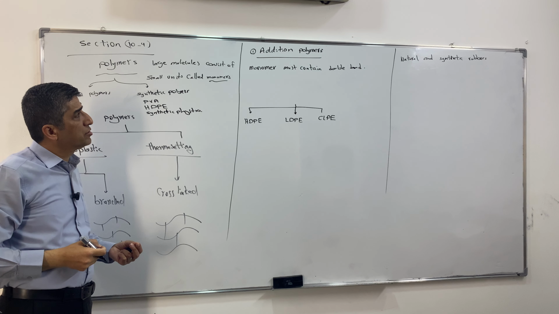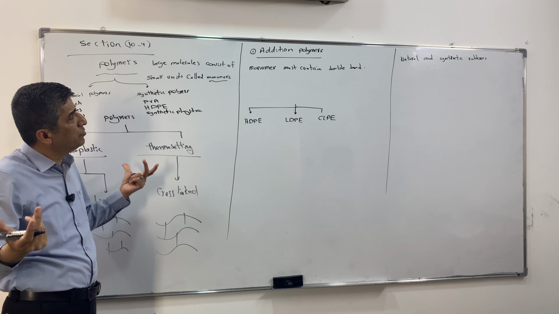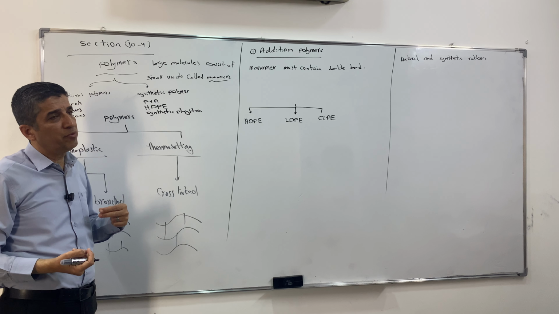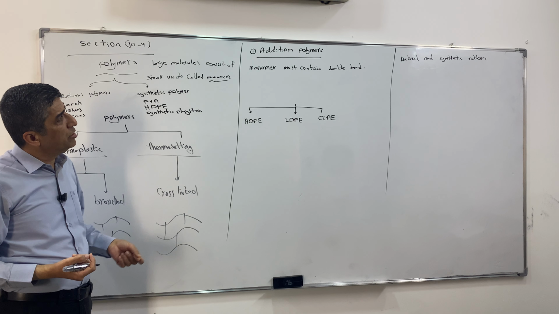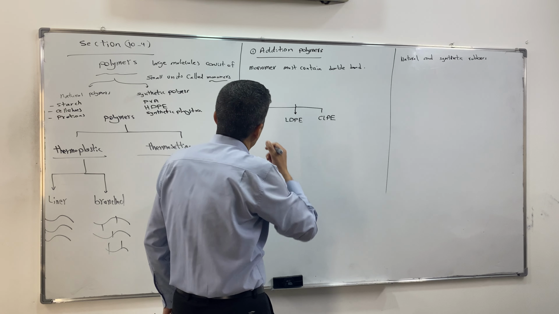The addition reaction does not occur if we don't have a double bond. If you have a single bond, no addition reaction occurs. But addition reaction occurs when the monomer is unsaturated, containing a double bond.